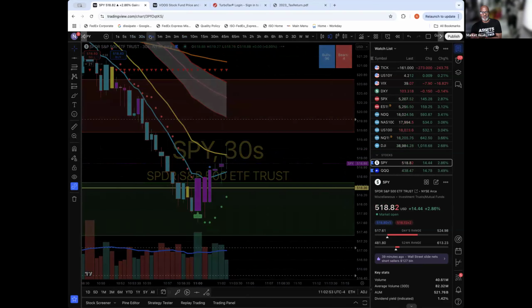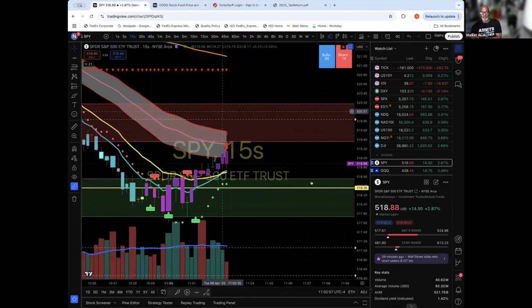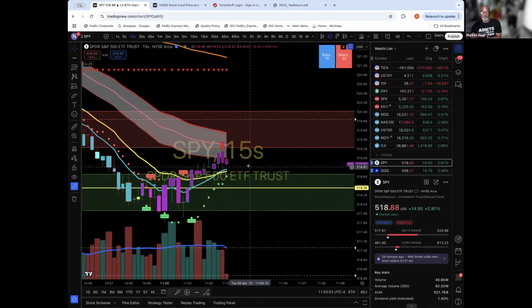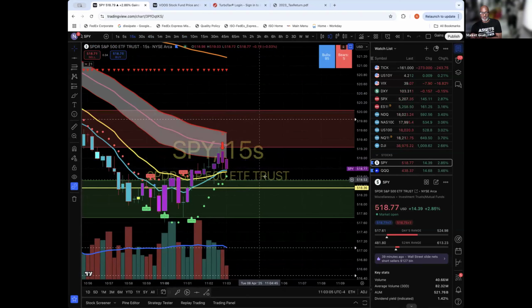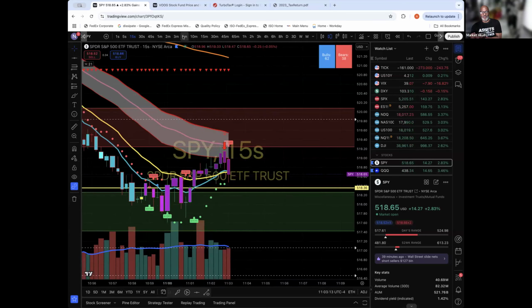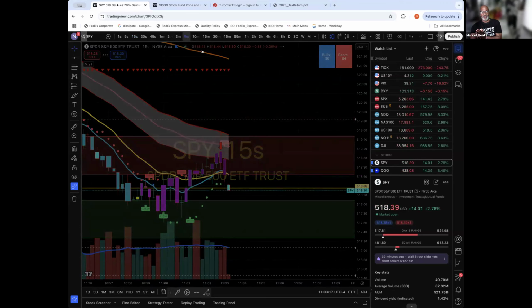It was 45. I thought it was 15-second. But looking at the 15-second, either way, guess what? I just got that sell signal. So now let's see what's happening with the 5. When I look at the 5, I should see the 5 coming down.